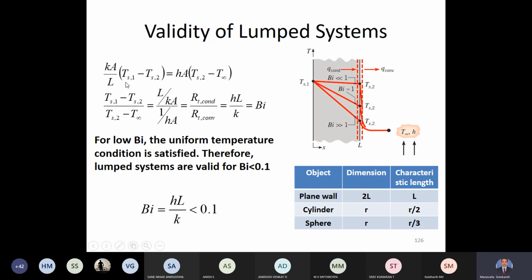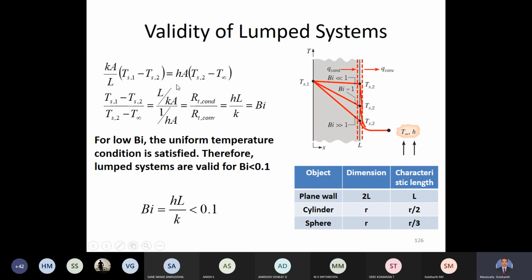So we separate out this temperature ratio, TS1 minus TS2 and TS2 minus T infinity, and bring it to one side from this equation. This one is brought to the left hand side and the remaining terms are taken to the right. So what we have here is L by Ka and 1 by Ha. What is L by Ka? It is a familiar ratio, isn't it?